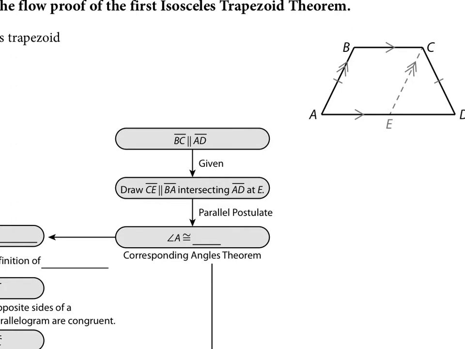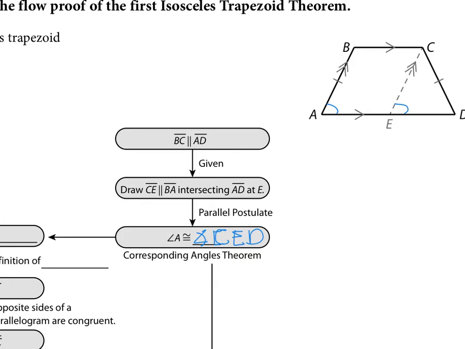Then from there we can say that angle A and angle CED are corresponding angles, because here are my parallel lines, and the bottom side AD is our transversal. So we'll go ahead and mark those angles as congruent. And to write it into our proof, angle A is congruent to angle CED.